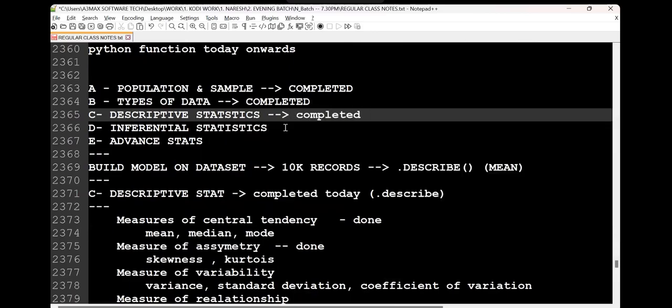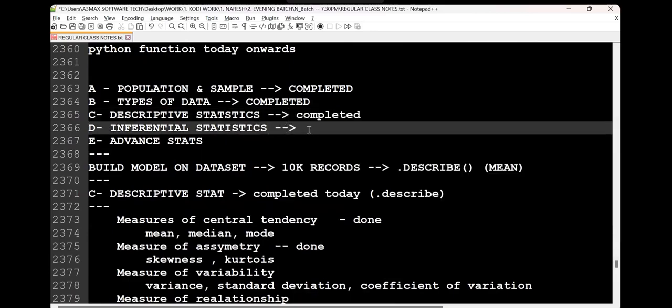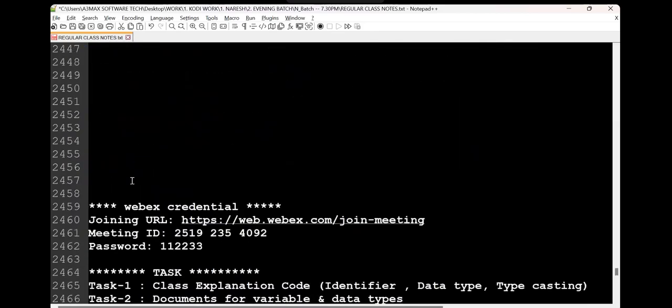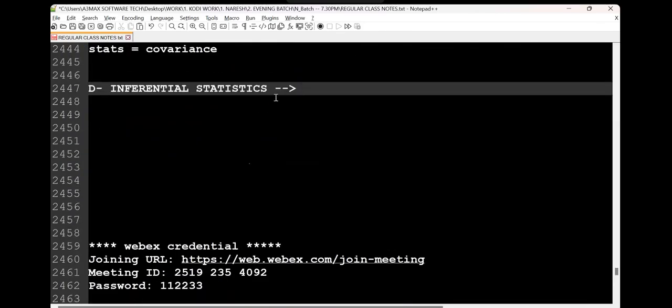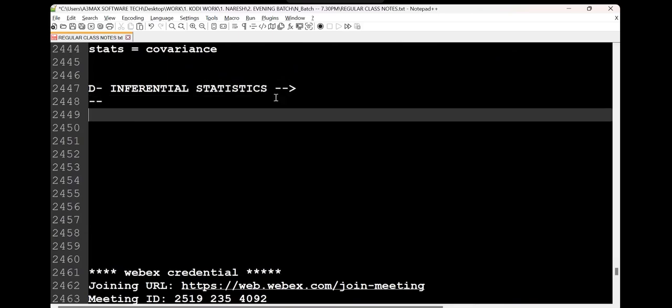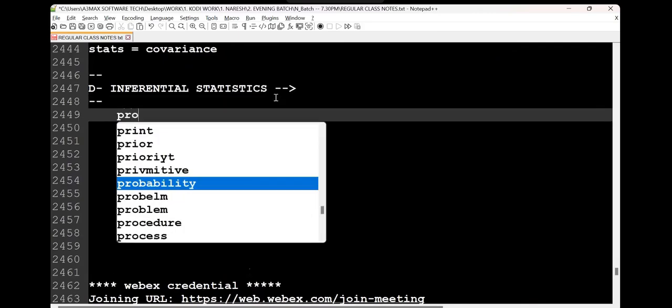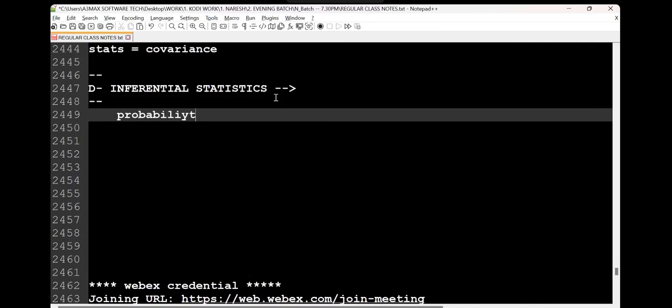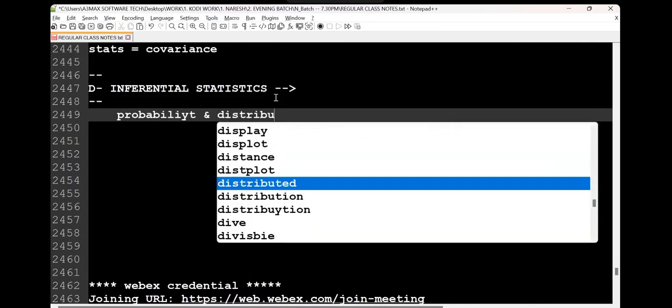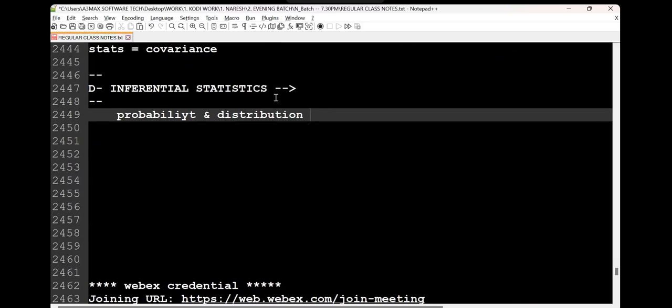This is completed, so get back to inferential statistics. Inferential statistics always deals with probability and distribution. Descriptive statistics deals with variables, data, all those things.